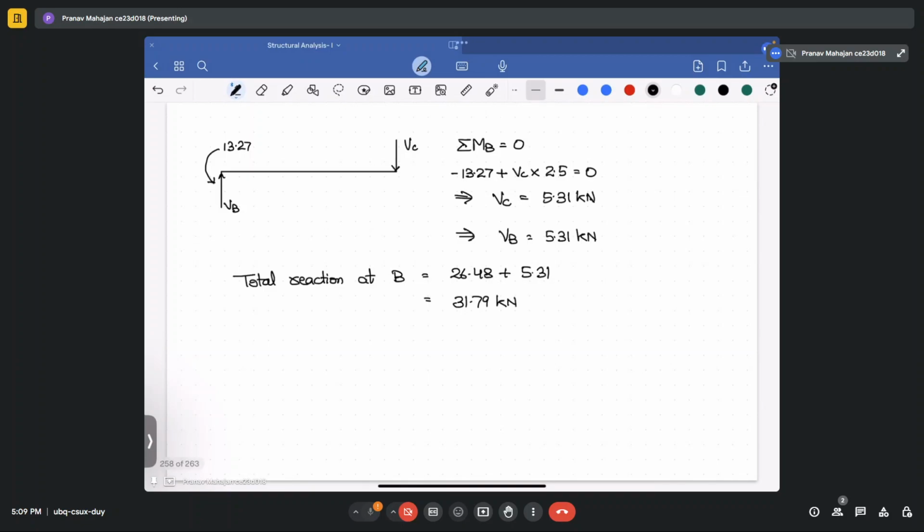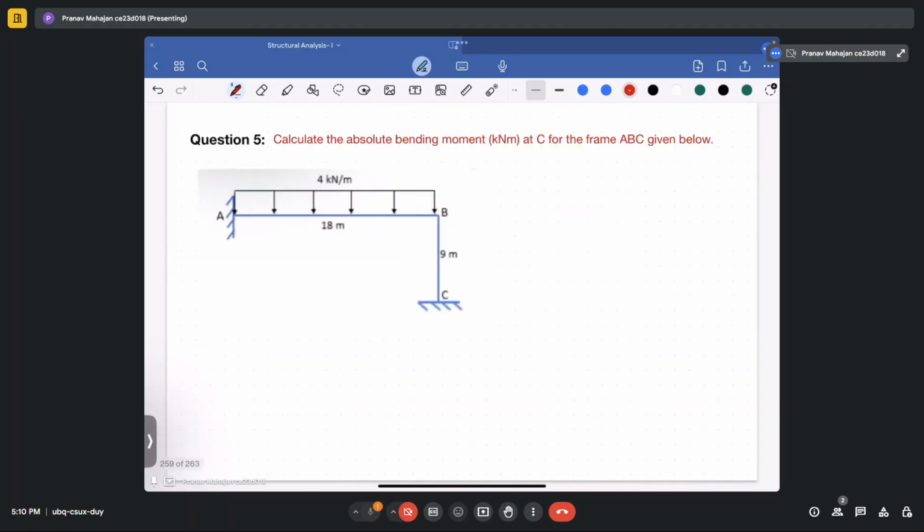But since in this question they are only interested in VC, your VC is 5.31 kilonewton. This is how you solve the problem for moment distribution method for any beam frame. For frame also the concept is same, so let's solve one problem for frame also.